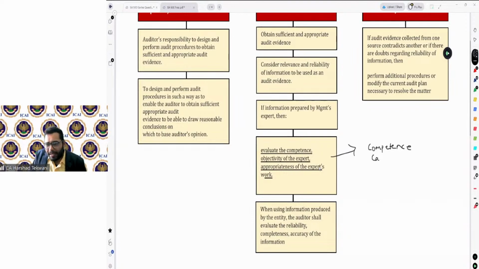I have discussed this in a previous lecture also, CCO: that you check for the management's expert whether he is competent enough to perform the valuation, whether he has the necessary capabilities, whether he is objective in his work.